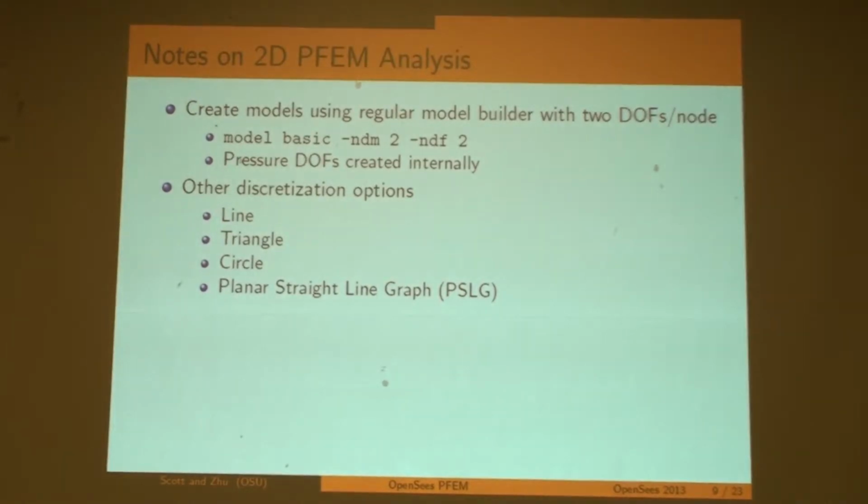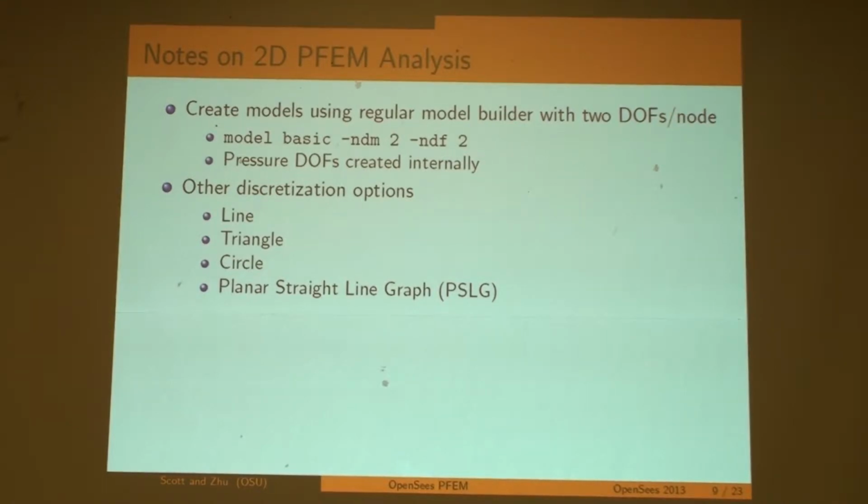Okay. So perhaps I should have mentioned this first, but the PFEM analysis is only in 2D at the moment, and you need to use only 2 degrees of freedom per node or per particle. Right? And then the pressure degrees of freedom, kind of the third degree of freedom, are created internally, but explicitly say there's 2 degrees of freedom.